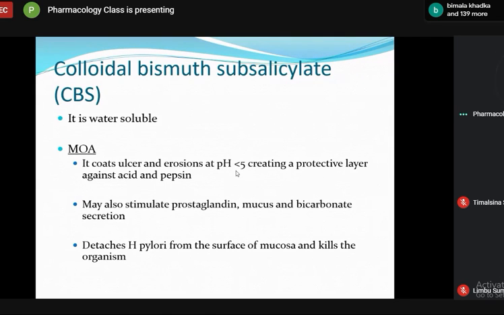It helps to stimulate prostaglandins, and stimulate mucus and bicarbonate secretion. Apart from that, it also helps to detach the H. pylori from the surface of the mucosa and kills the organism. So it is also used for anti-H. pylori therapy.